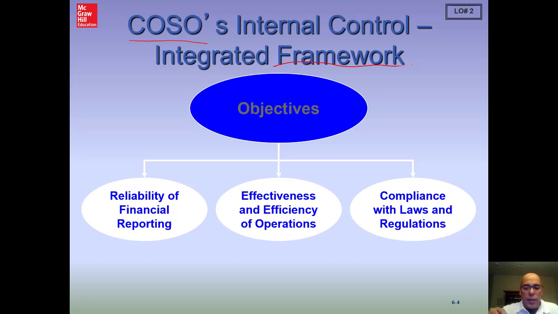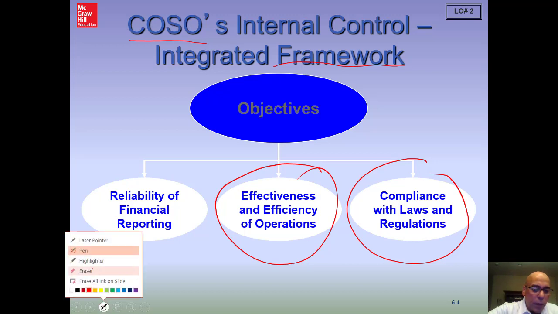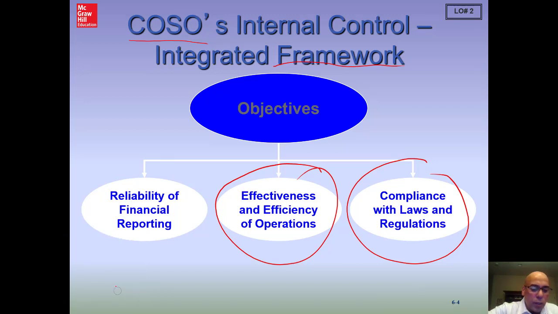You can see that we have effectiveness and efficiency of operations, compliance with laws and regulations. Auditors may be somewhat concerned with those, but the auditor's primary concern here is going to be that the controls, and I'm just going to use a different color for that because that's our main objective, is ensuring reliability of financial reporting and also a little bit of safeguarding of assets.